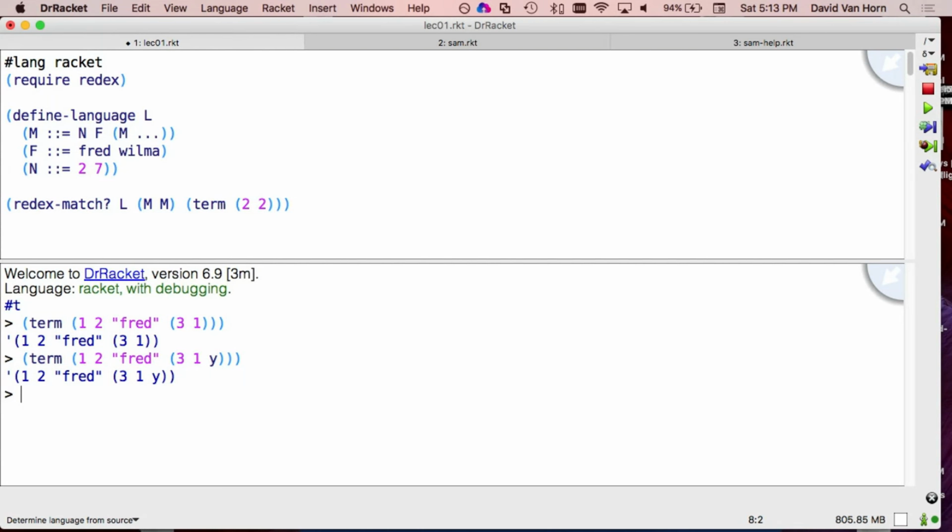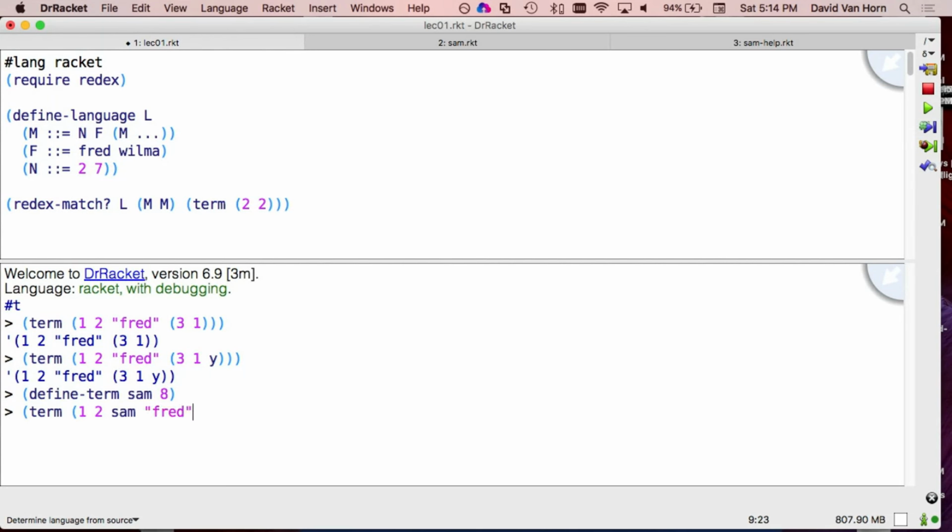Now, the difference between term and quote is that I can define things, like I can define Sam to be the number 8, and those variables that are defined by define-term are actually interpreted here.